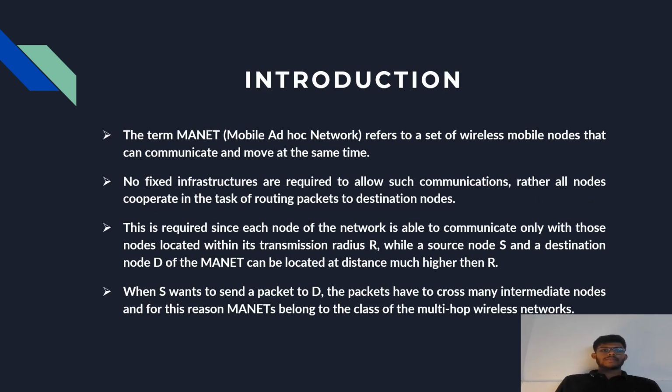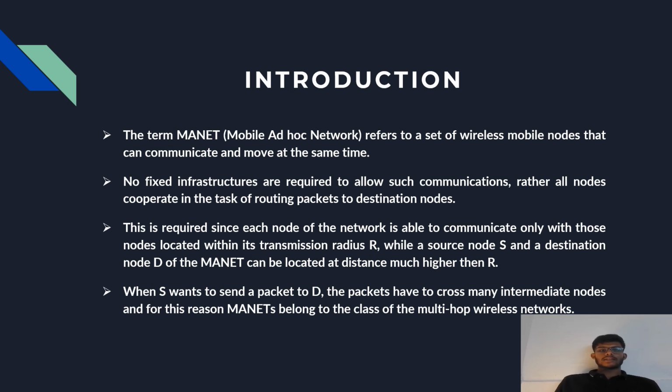Introduction. The term MANET refers to a set of wireless mobile nodes that can communicate and move at the same time. No fixed infrastructures are required to allow such communications. Rather, all nodes cooperate in the task of routing packets to destination nodes.